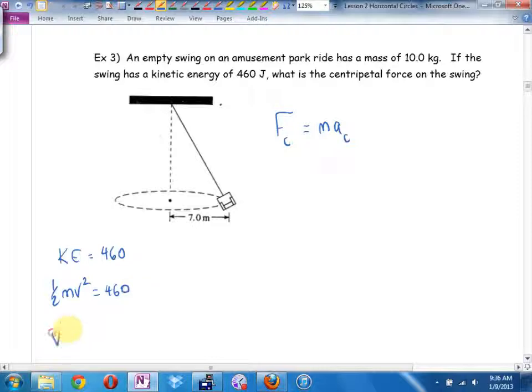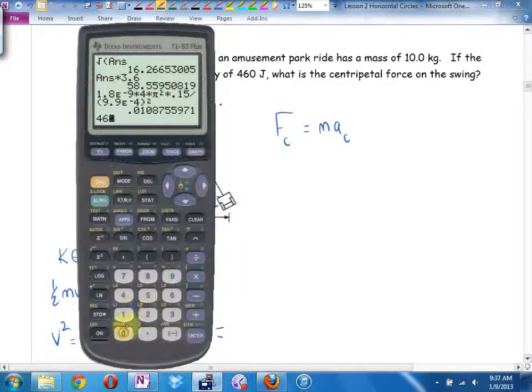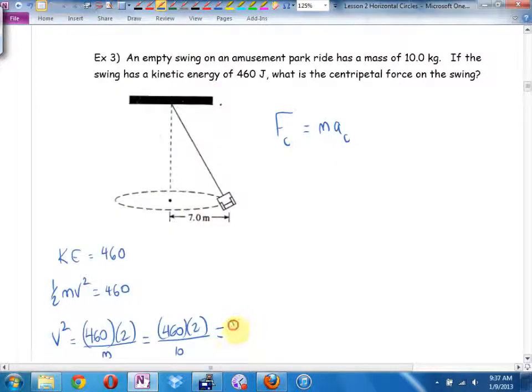That means that v squared is equal to 460 times 2 divided by the mass. 460 times 2 divided by 10. What did you get? 92? That's v squared.